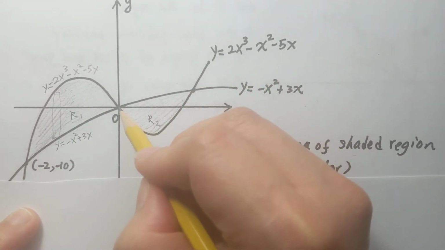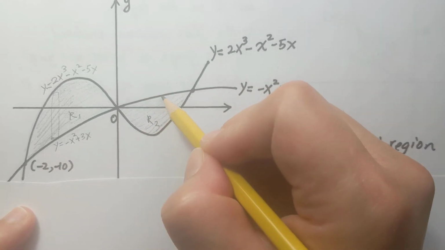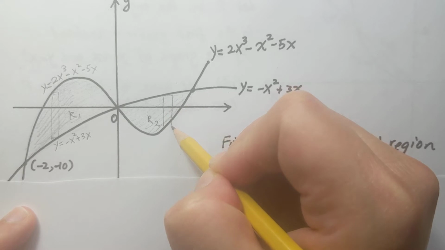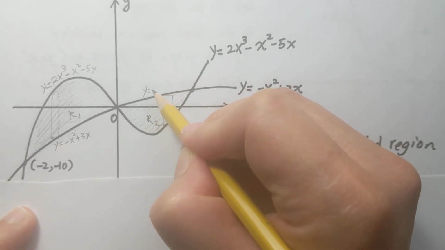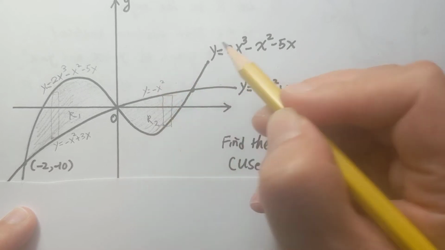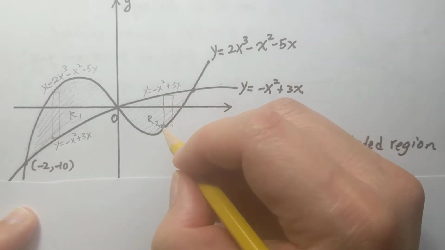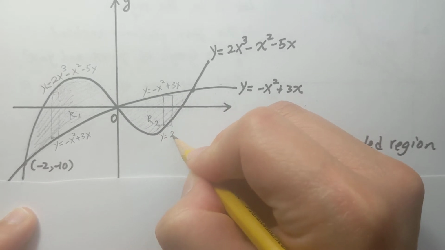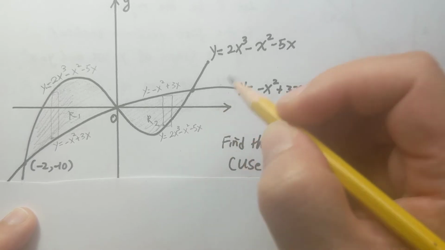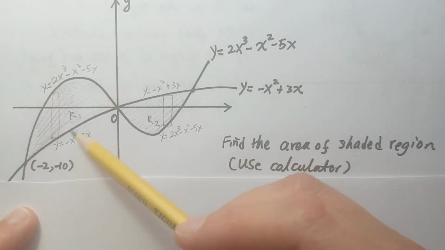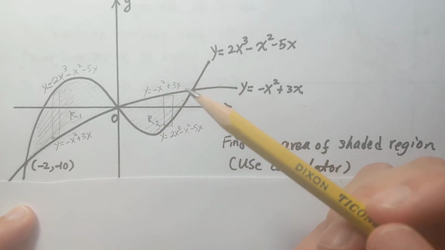As soon as it passes the 0, the two functions swap. So over here, we will find out that the height is bounded above by y equal to negative x squared plus 3x, and below by y equal to 2x cubed minus x squared minus 5x. So the top function and bottom function swap after it passed the 0, 0.